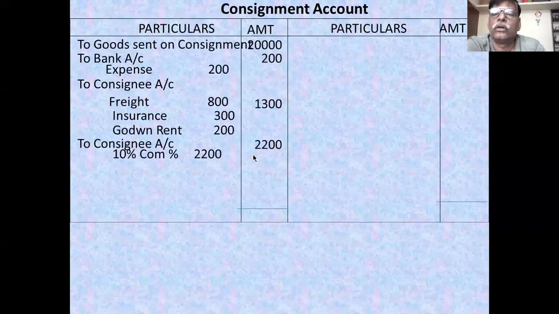You take it to the outer column. All the four items on the debit side are completed. First is goods sent on consignment. Second is expense paid by consignor. Third is expense paid by consignee. Fourth is commission to consignee. Four items. Come to the credit side.